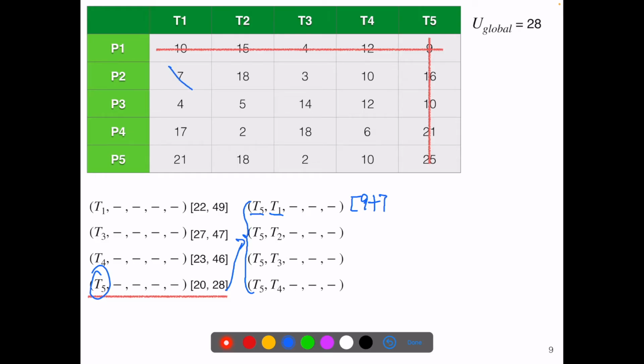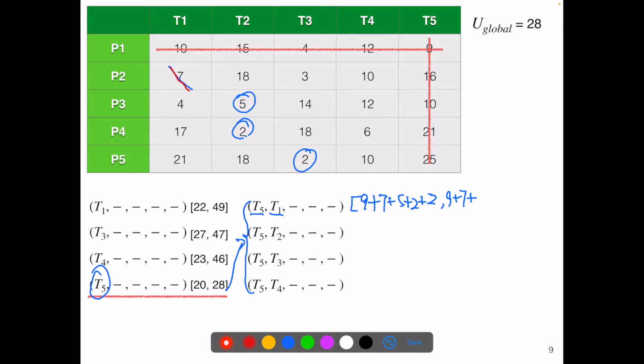And then the GFC will include the minimum hours for P3, P4, and P5. So we have the lower bound plus 5 plus 2 plus 2. And then the upper bound would be the cost so far, 9 plus 7. And then we can use the greedy heuristic.